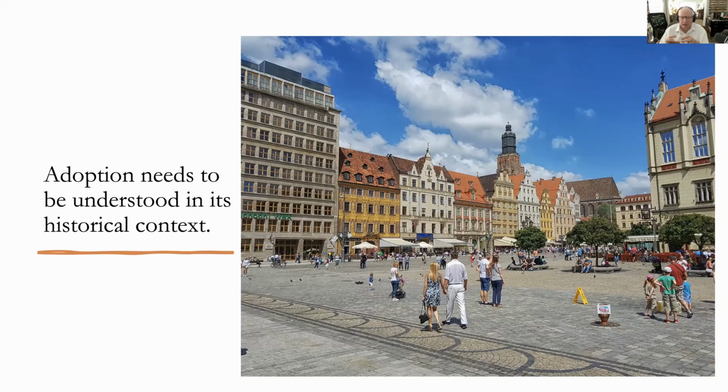You can't just say, I'm going to look for an adoption without putting it into the context of when it occurred, who the people involved were, and what the structure of the society was, either governmental or social. How did the society as a whole handle adoptions? All of those things come into play.